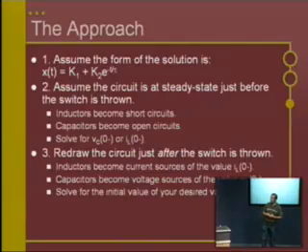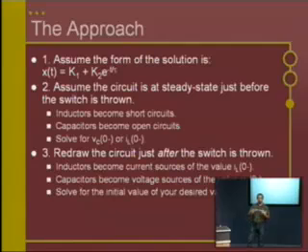So even though the switch closes, we can't have the voltage across the capacitor or the current through the inductor changing instantaneously. Those things will continue to put forth that amount of voltage or push that amount of current.